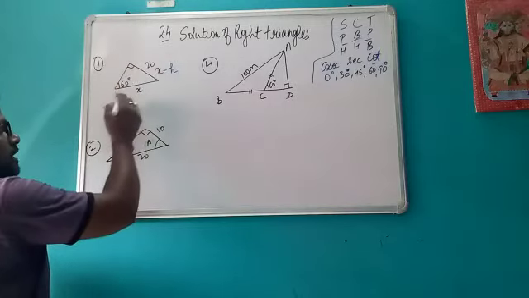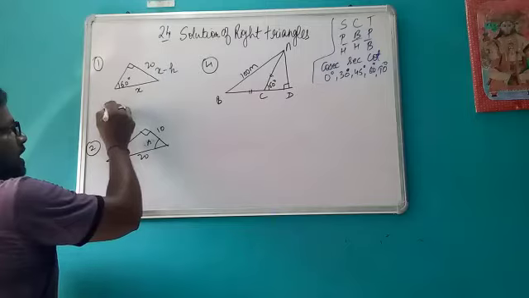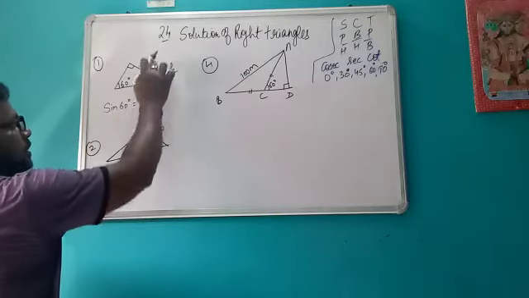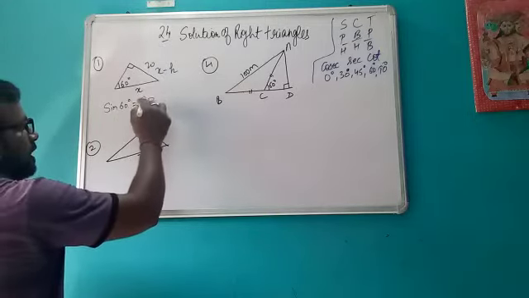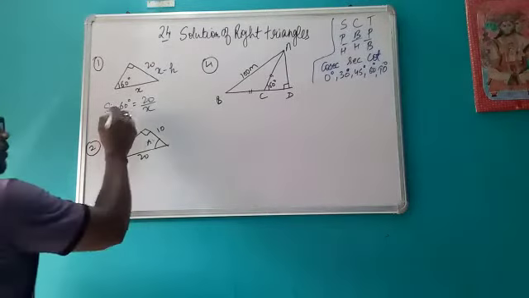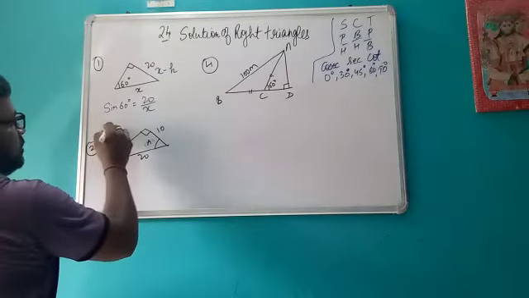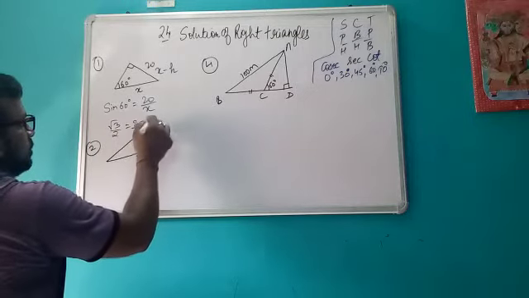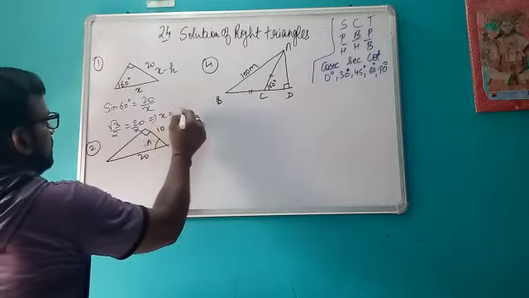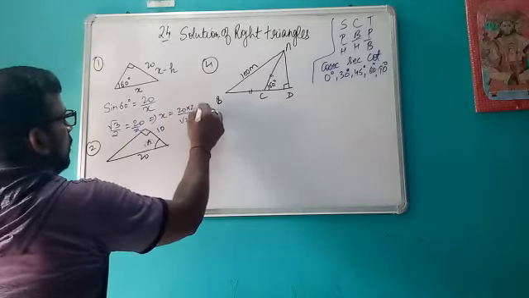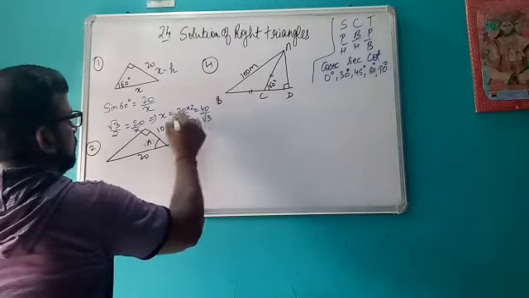So sine of 60 degree will be equal to perpendicular upon hypotenuse. What we knew about sine 60 is that it equals root 3 by 2, equal to 20 by x. So from here we will get x equals 20 into 2 upon root 3, or 40 upon root 3.